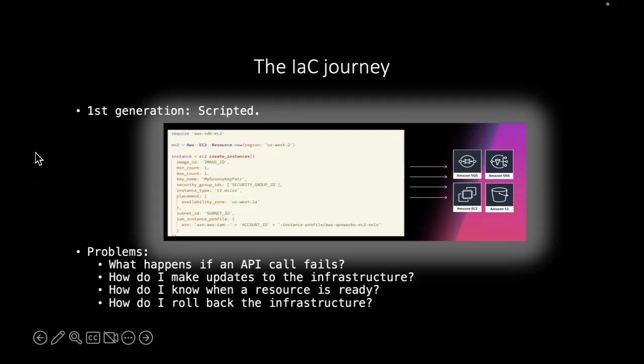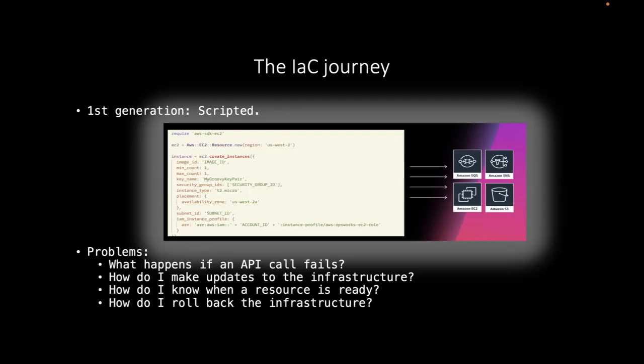But there are problems with that approach, and the problems are the things I'm listing here. What happens if an API call fails? Maybe this script is running and the first few API calls work, but for whatever reason, maybe a network problem, or the particular service that you're trying to contact isn't responding, an API call fails.